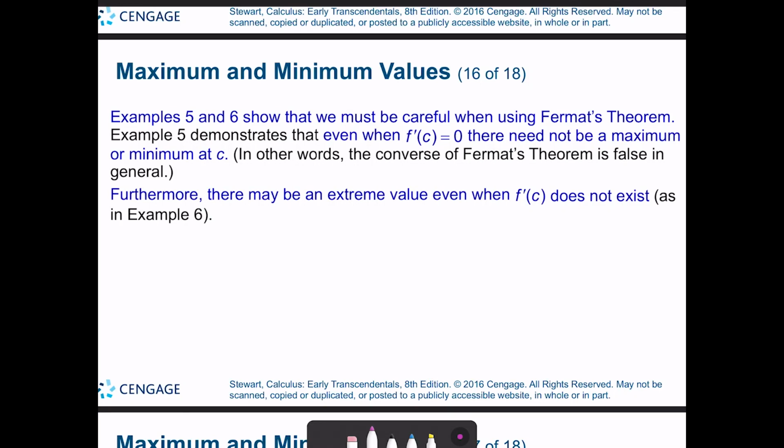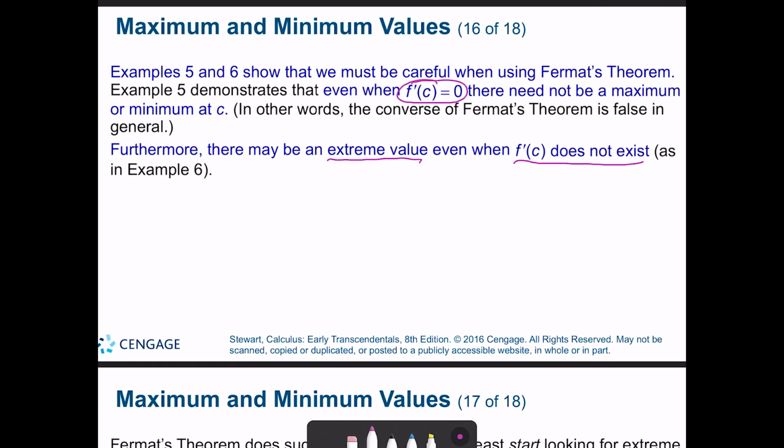Examples 5 and 6 show that we have to be careful when using Fermat's theorem. Example 5 demonstrates that even when our first derivative is equal to 0, there's not necessarily going to be a max or a min. And you might have an extreme value even when your first derivative does not exist, as was the case with the absolute value function.